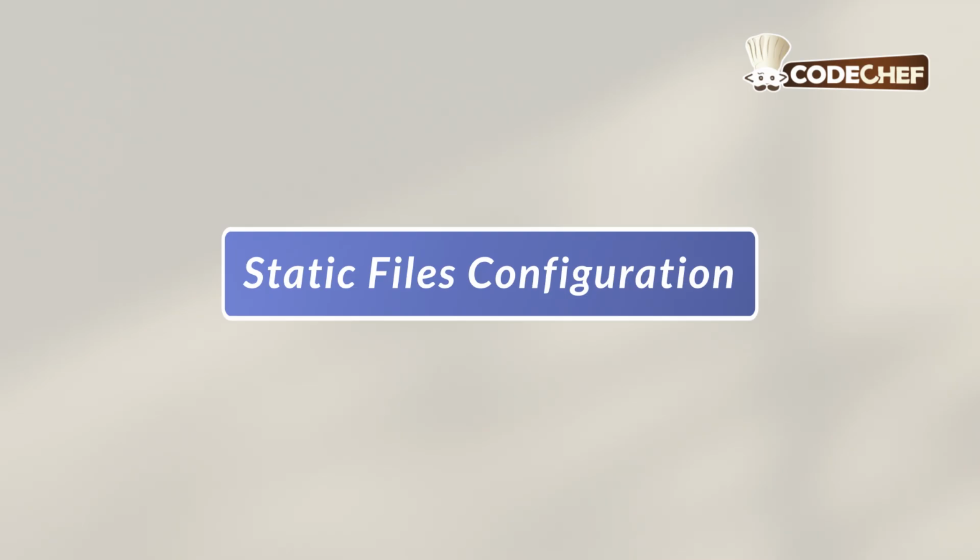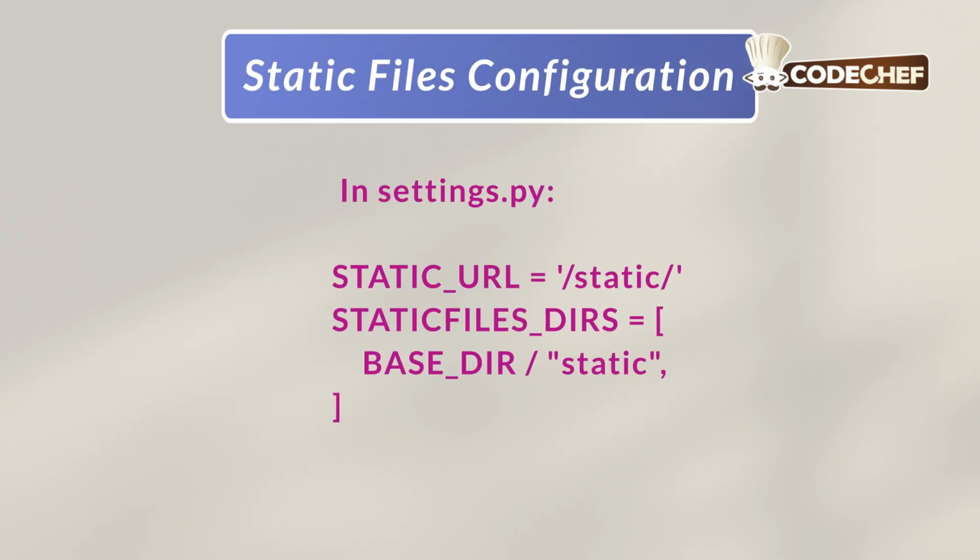Let's see how we can configure static files in Django. Firstly, you have to configure your settings.py file. The STATIC_URL defines the URL prefix. This means when your browser requests any static content, it will look under this path. So that is the path that we have specified here.